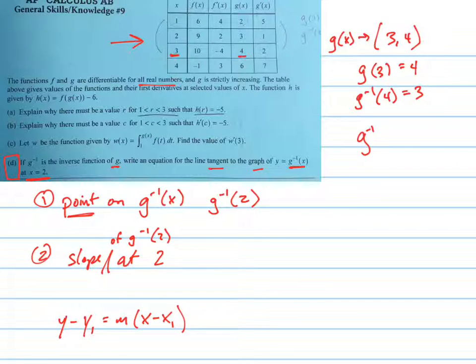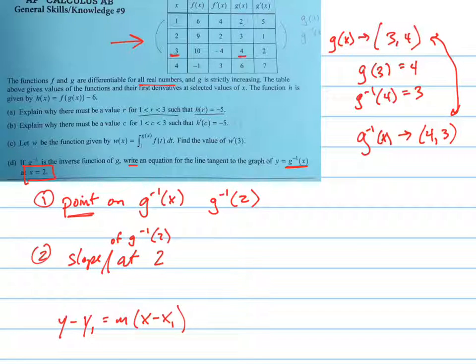In other words, a point on g inverse would be 4 comma 3. You see how those are flipped? That's what it means to be an inverse. You flip the x's and the y's around. So that's the thought that I'm going after right here. So let's look back at what the problem is asking. Write the equation of the line tangent to the graph of g inverse of x at x equals 2.